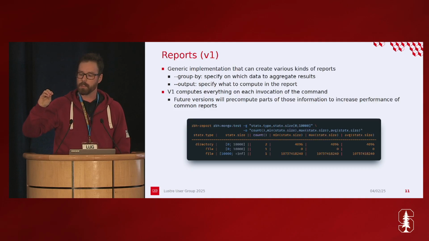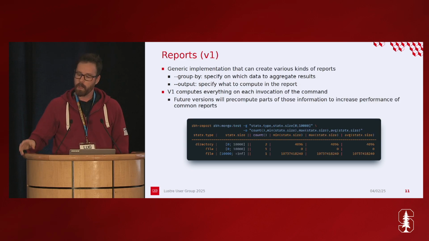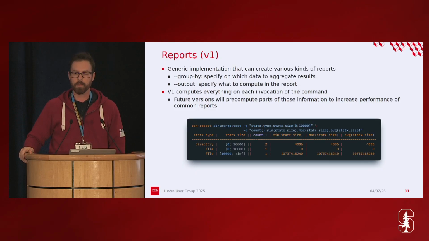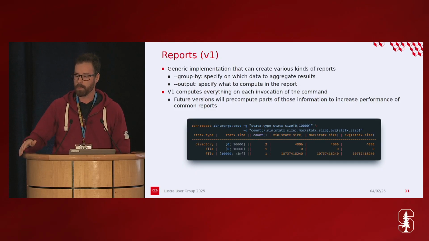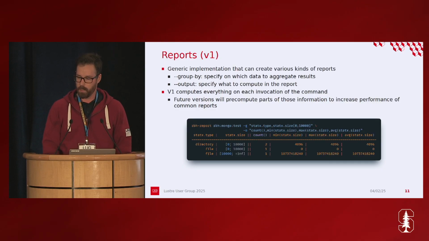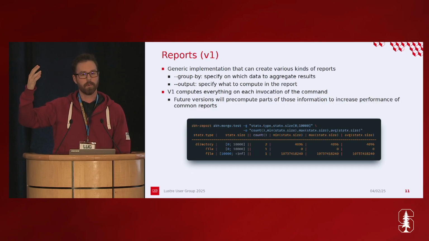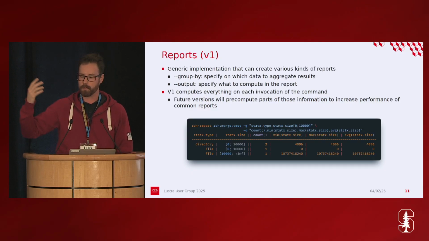I first group entries by type, and then I can also create buckets per file sizes. And then you specify which statistics you want to compute on your FS entries, so you can display the count or averages and things like that. What you can do, for instance, is create reports with files that haven't been modified for 1 year or 6 months or things like this.